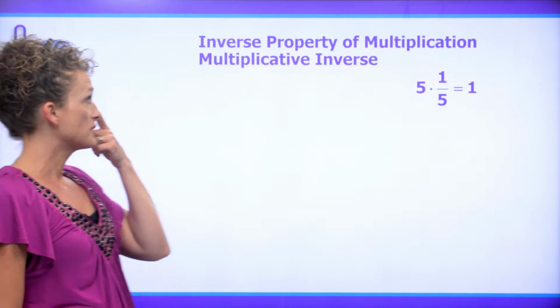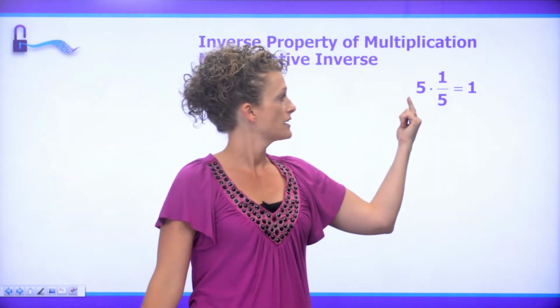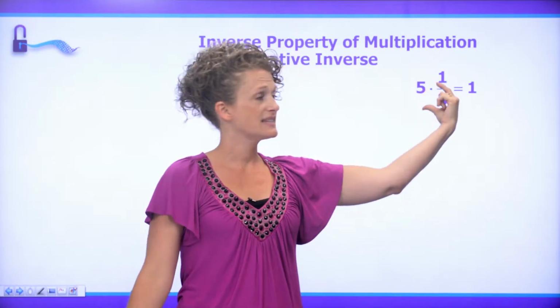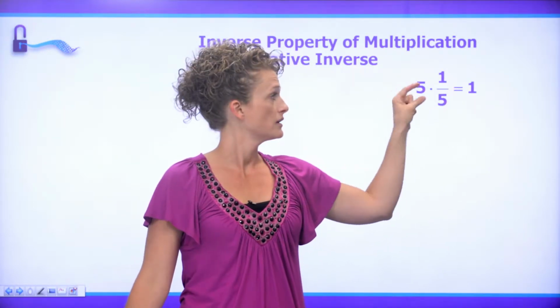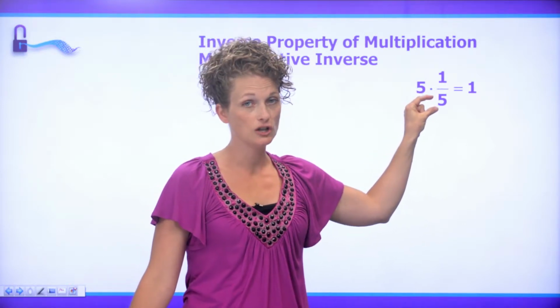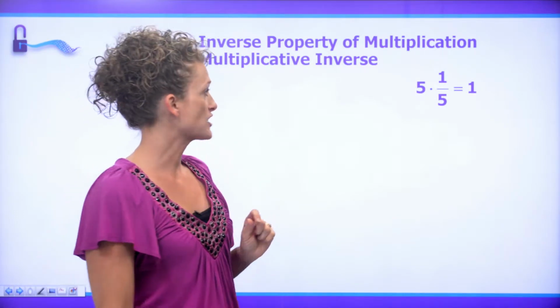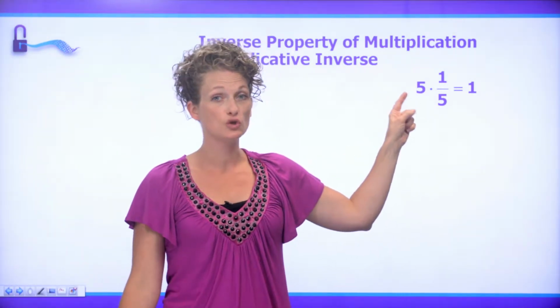The inverse property of multiplication, or the multiplicative inverse, says that if we take 5 times, its inverse is simply you take the 5 and you put it in a fraction on the bottom. So 1 over 5. And we're going to deal with that more on fractions, but for now, you can just use this rule.